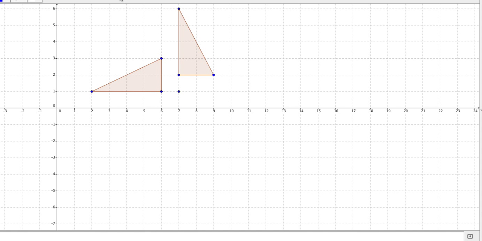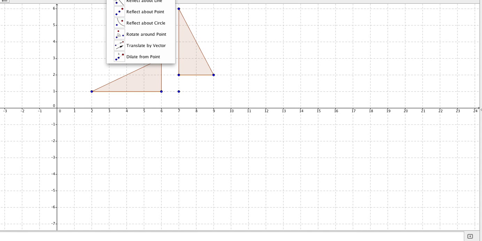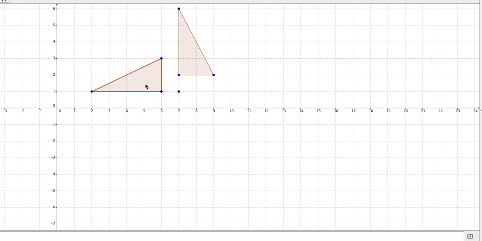There you go. And we want to rotate it. Let's choose this point right here.